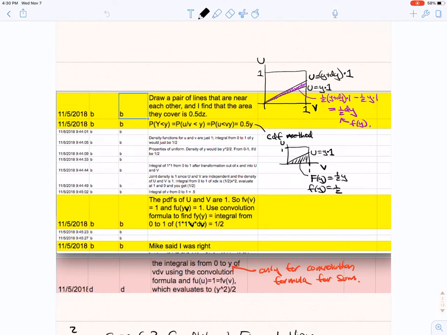If I only go to v equals 1, then the area of that shaded region there is 1/2 times the height, which is y, and the length is 1, so it's 1/2 y, and you take the derivative of that and you get 1/2, and that's the density. So that's very nice.